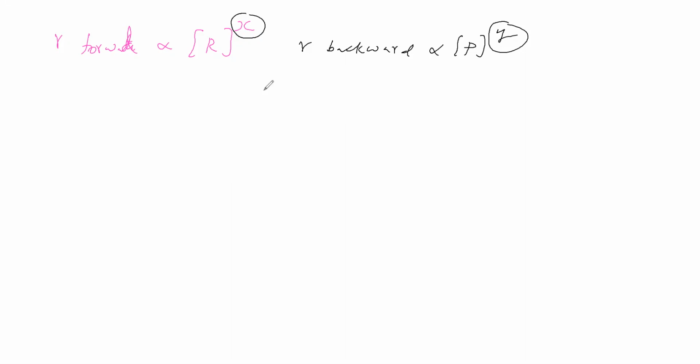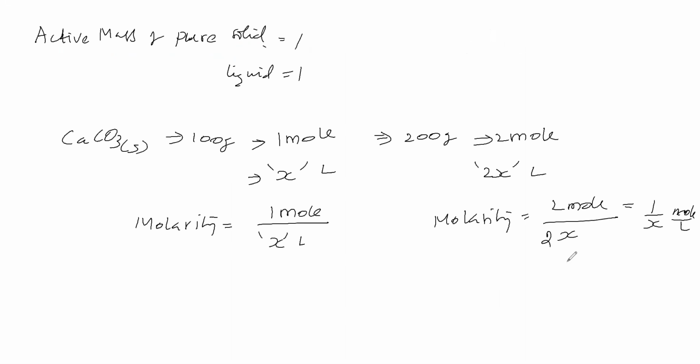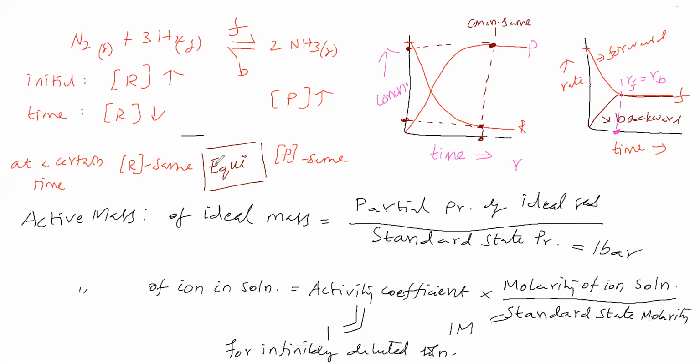Therefore, rate of reaction depends not only on concentration but also on the power and the proportionality constant. Therefore, we can say that at equilibrium, concentration of reactant and concentration of product need not be the same. We cannot say whether they are equal or not.